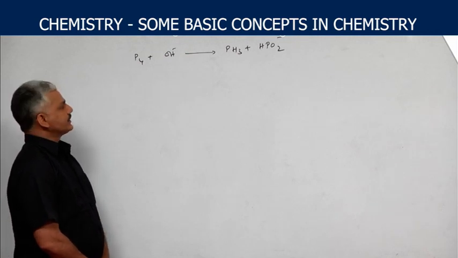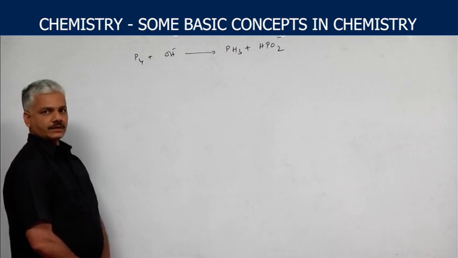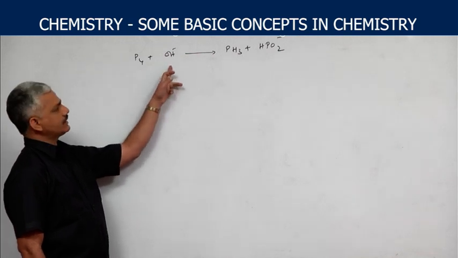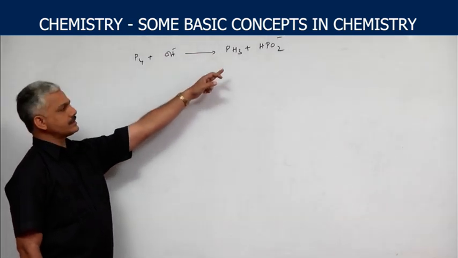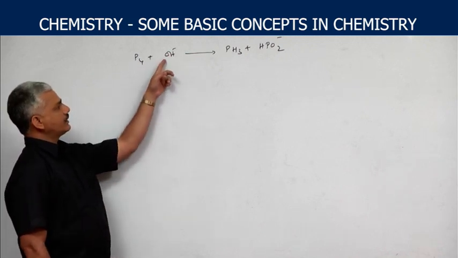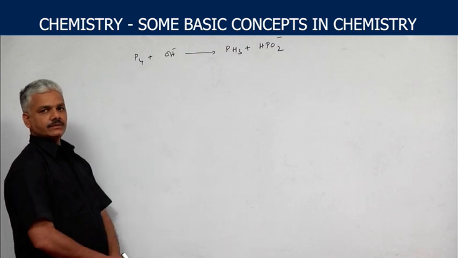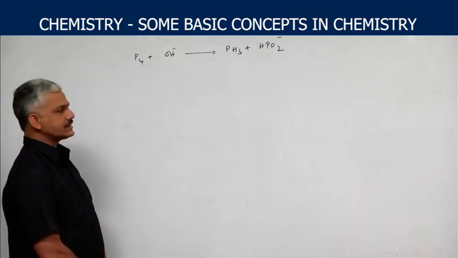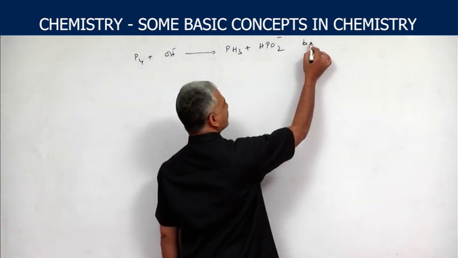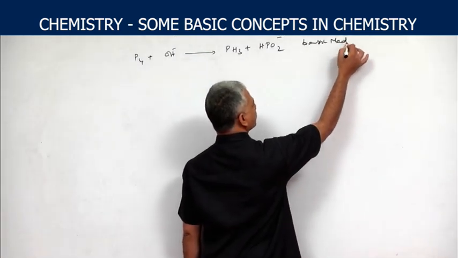Balance this equation by the ion electron method. The given equation is P4 plus OH- gives PH3 plus H2PO2-. In this equation, OH- is present as one of the reactants, so we should consider this reaction as taking place in basic medium.